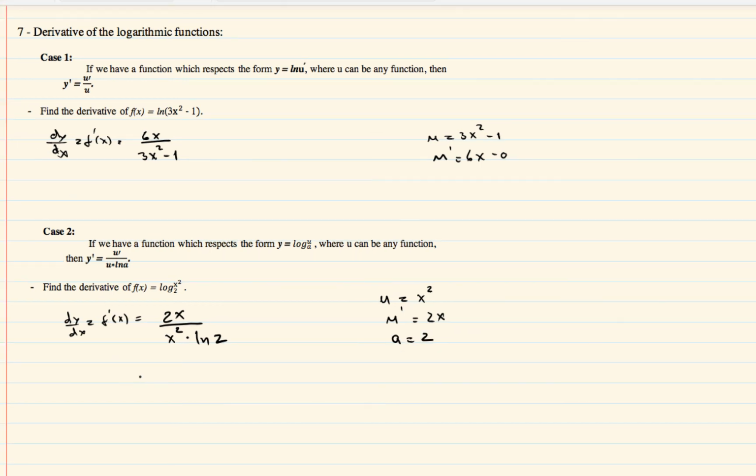And this can be improved. We have 2x, and then here we have x squared, which means two x's, one multiplying the other one. So we can simplify this x with one of these x's here. So we have 2 divided by x, natural log of 2. And that is the end of the problem.